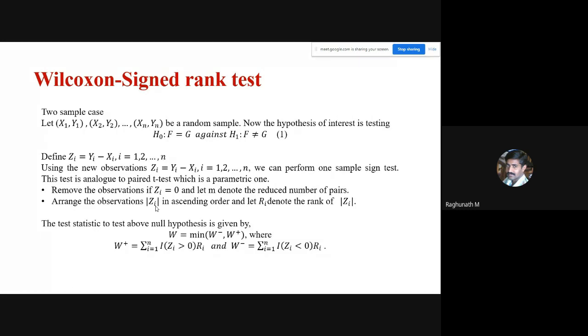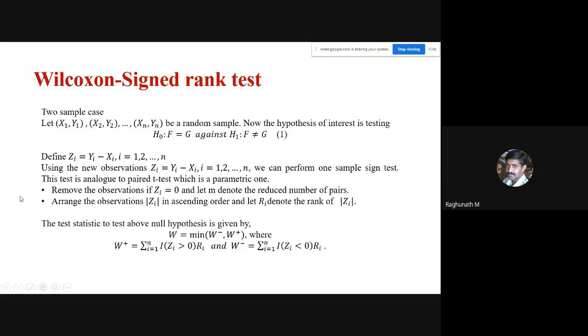If you arrange the observations in ascending order by the absolute values, then this 3 will have a lesser rank and this minus 10 is going to have a higher rank. I am just taking this for illustration, whatever the number of observations out of 100 or 10 or 30, I am just considering 3 and minus 10.